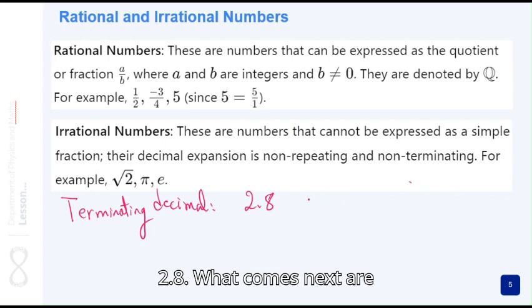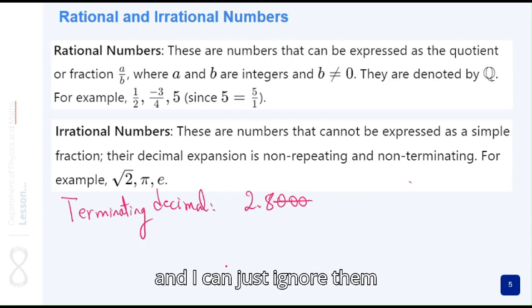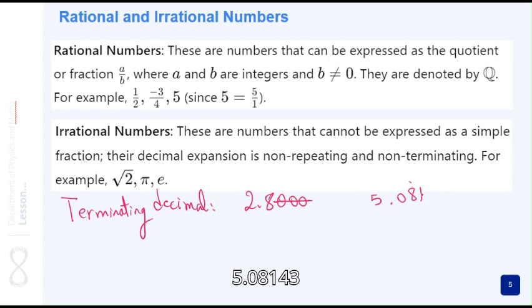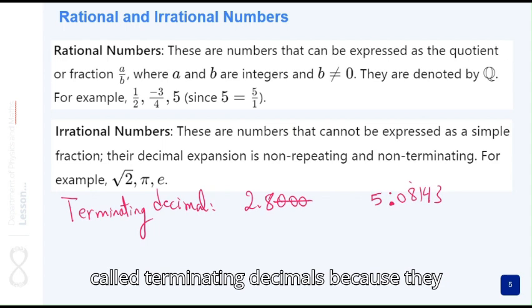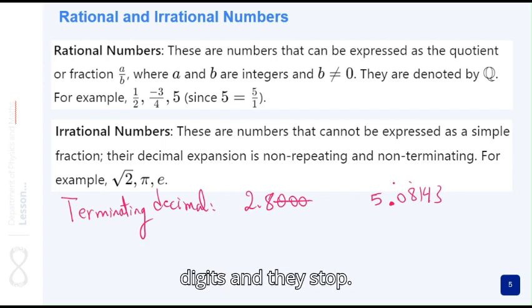What comes next are zeros, that I call trailing zeros, and I can just ignore them. Or 5.08143, and I stop. These are called terminating decimals because they are decimals that have a limited number, a finite number of digits, and they stop.